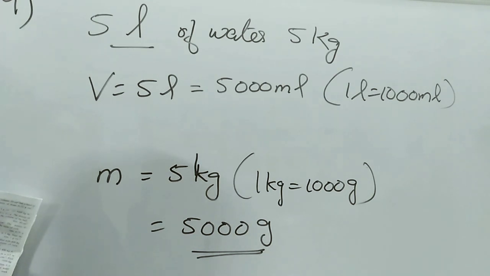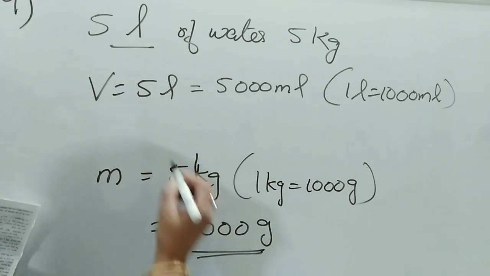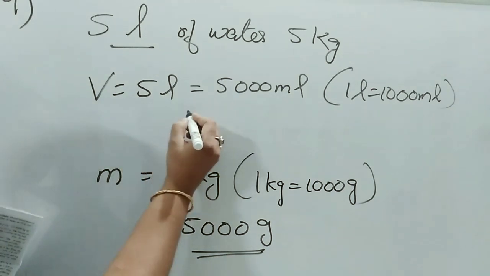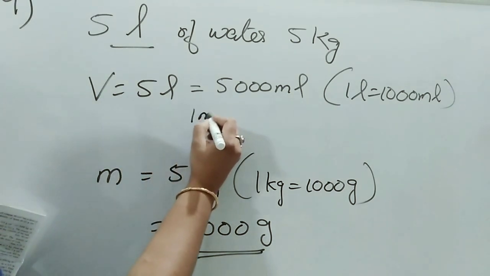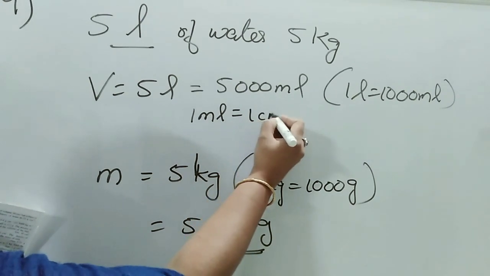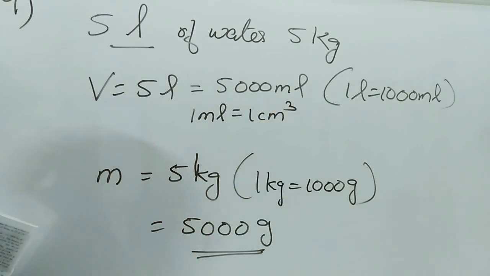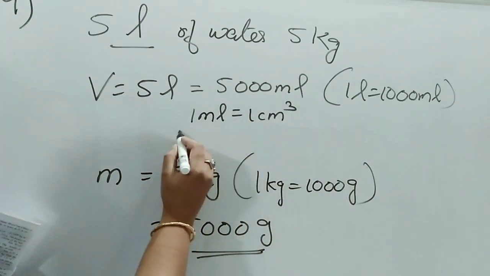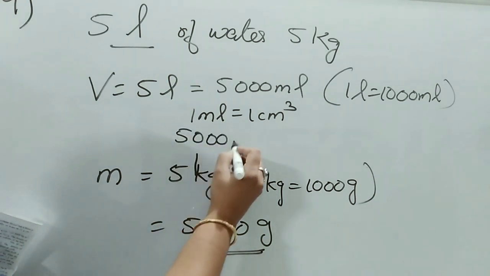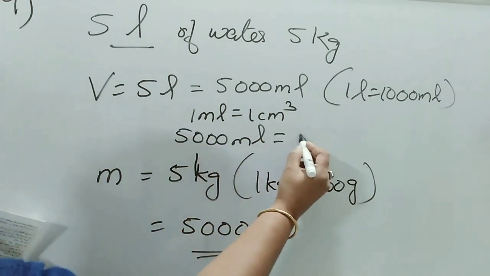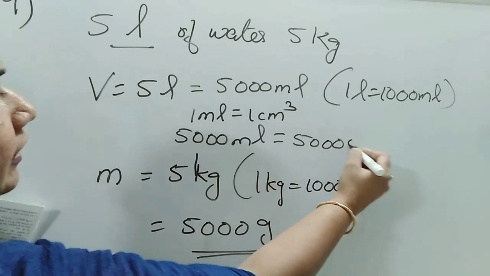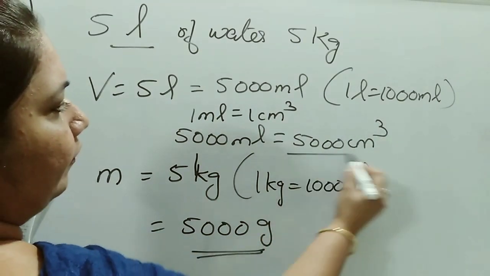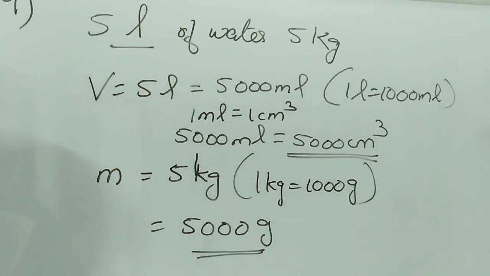So we are going to convert it into centimeter cube. Here you can see we have the formula 1 ml is 1 centimeter cube. Right. So we have 5000 ml. So how much centimeter cube? 5000 centimeter cube. So we got volume in 5000 centimeter cube and mass in gram.